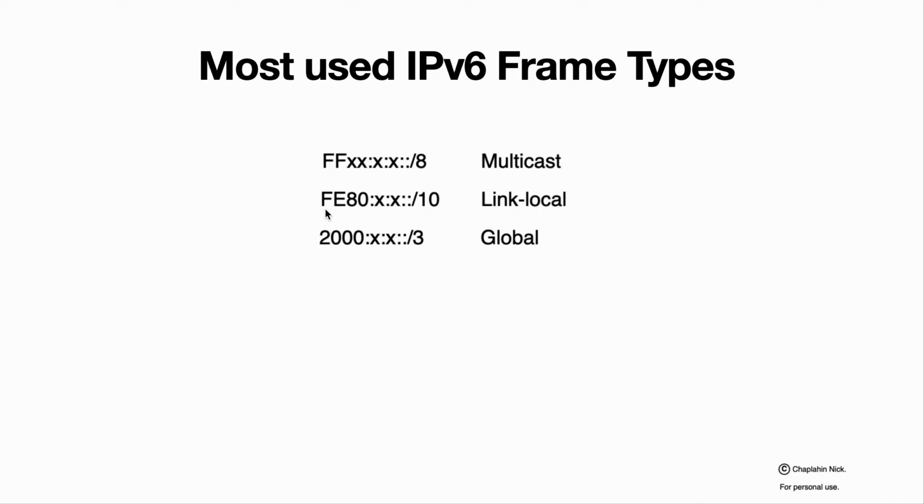Link local: FE80. When you see FE80, link local. Multicast: FF. If you see that an IPv6 address starts with FF, this is a multicast address.